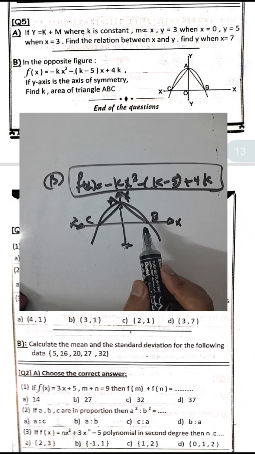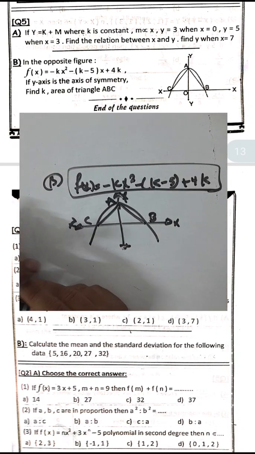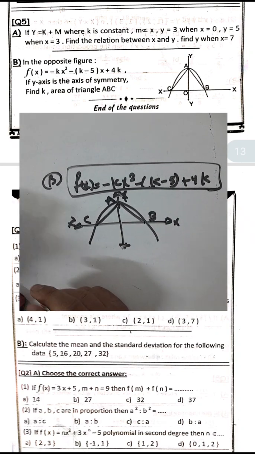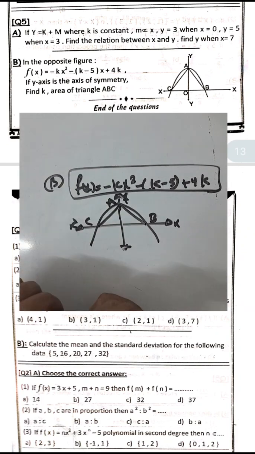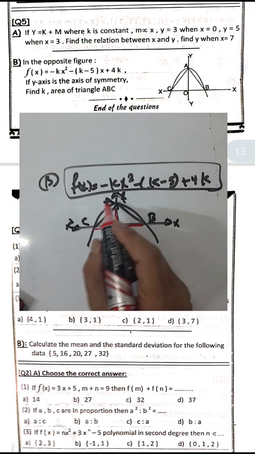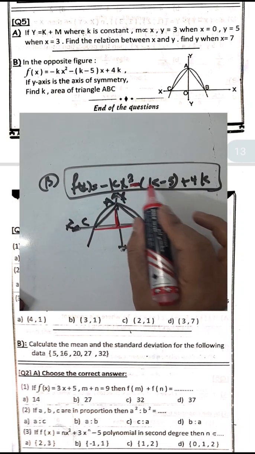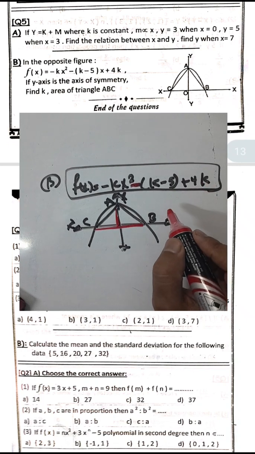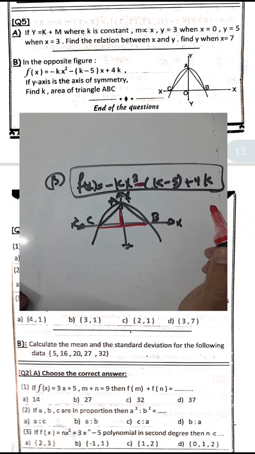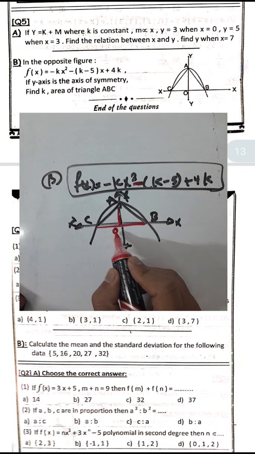You want to find what? You want to find the area of the triangle. Okay, area of the triangle equals half times base times the height. And we have the function here, negative k x power 2 subtract (k minus 5) plus 4k. Okay, we will put the point that lies on this line of symmetry here, giving us 0 and 0.